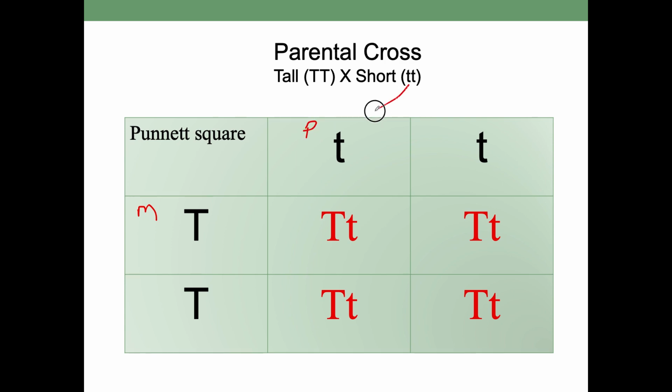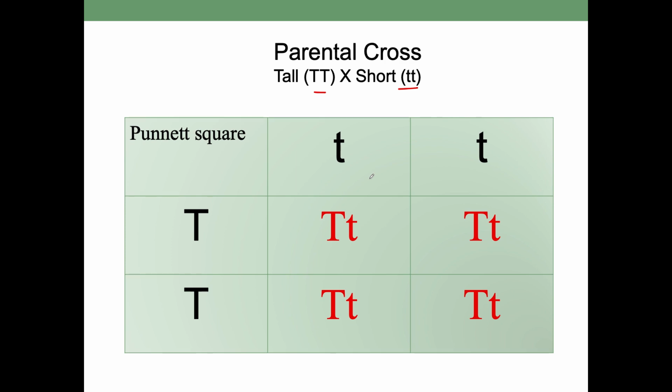So each allele basically gets its own location, its own cell in the Punnett square. And then we can just combine alleles for each of them.